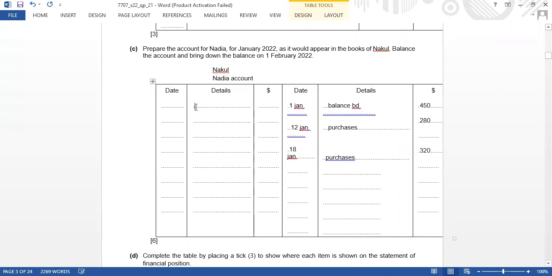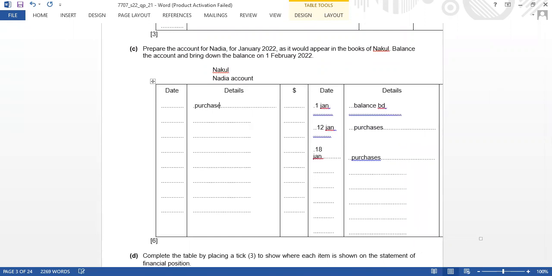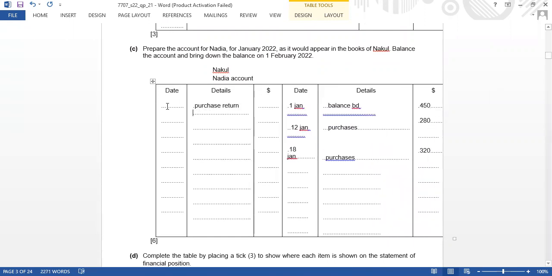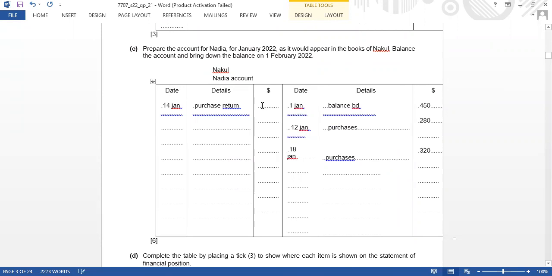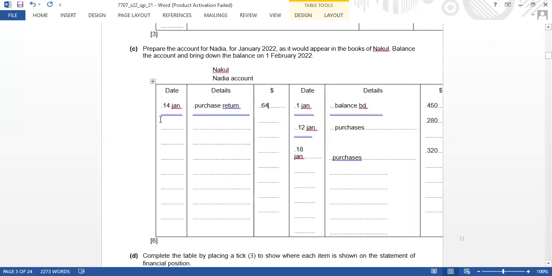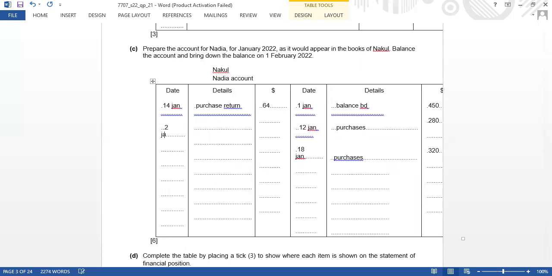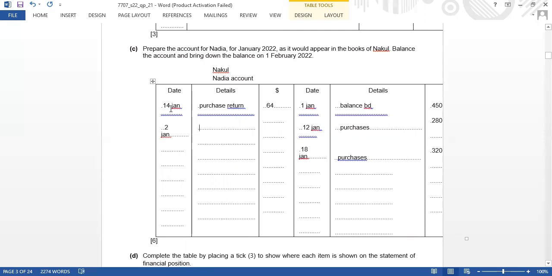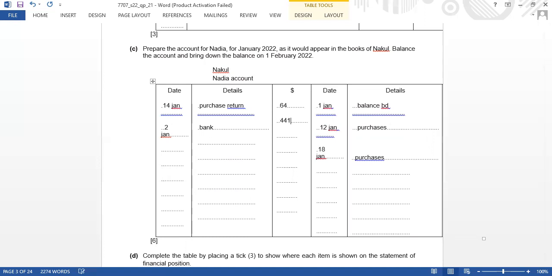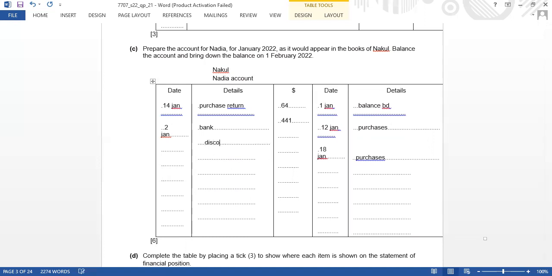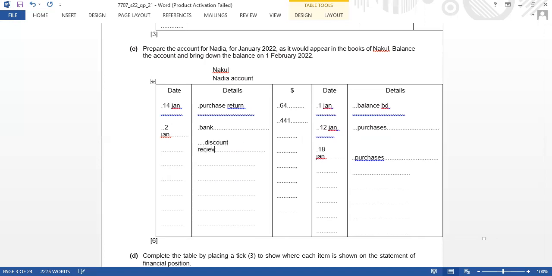Then we have purchase return of 64. Then on 2nd January, bank, which was 441, and a discount. Discount received was 9.